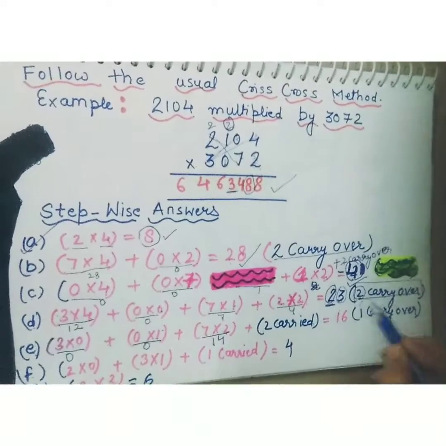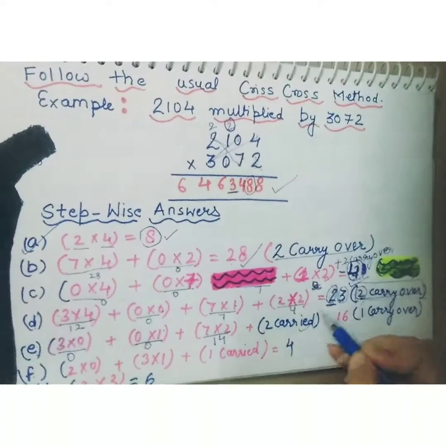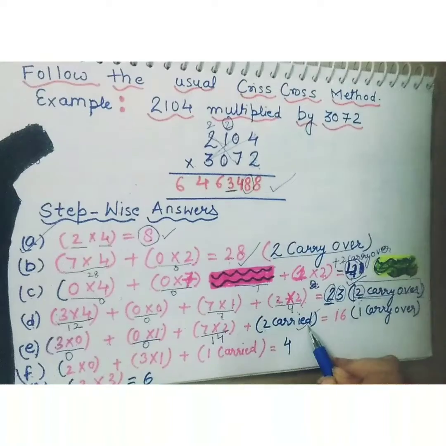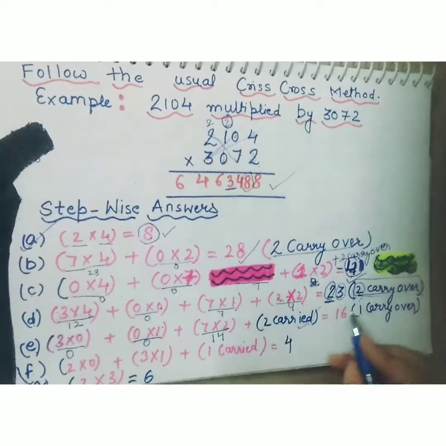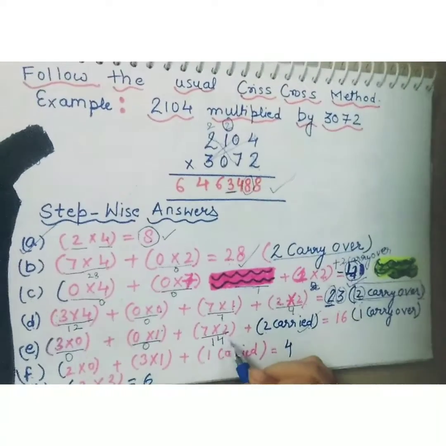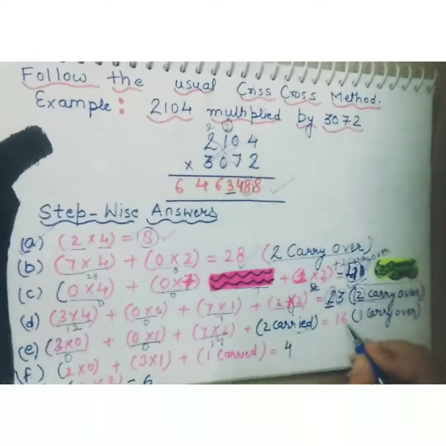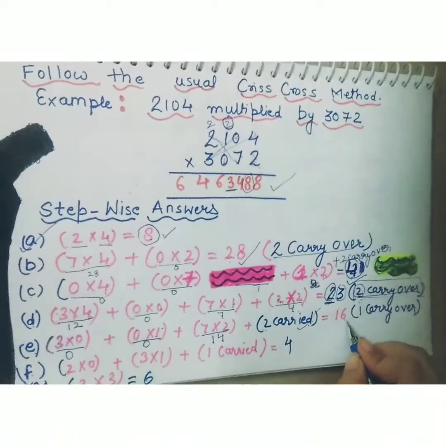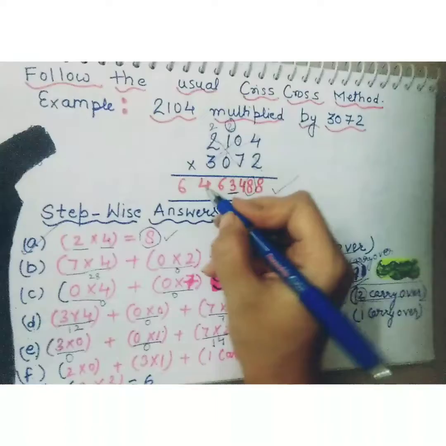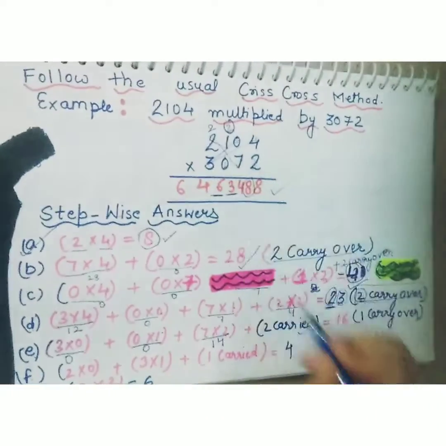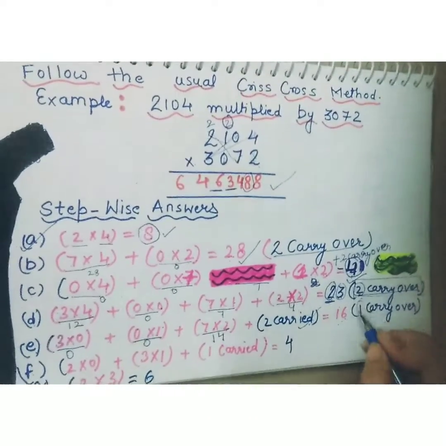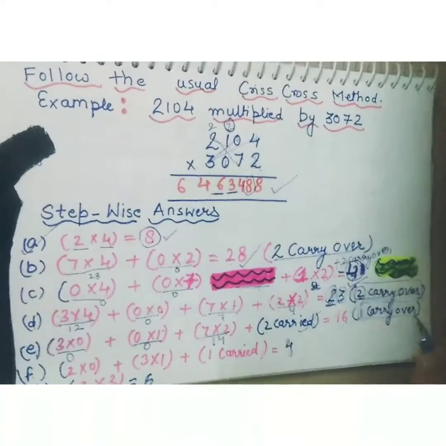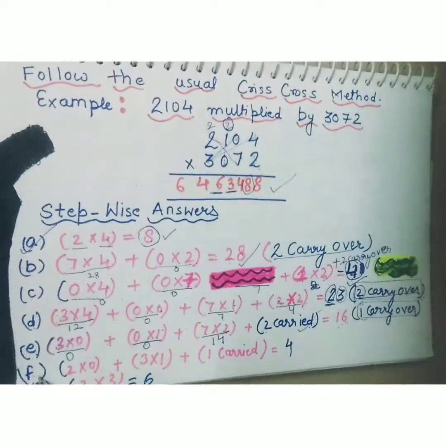The carry over number of step 4, I have taken here, the 2 carried over number. So when we add 14 plus 2, it comes out to be 16. Again, I have written the last digit, not 1. 1 is again the carry over, which will be added in step 6.